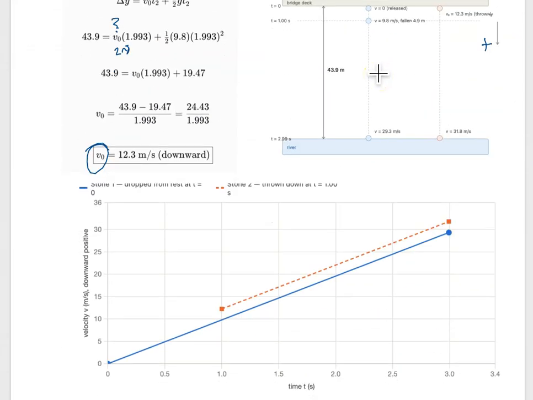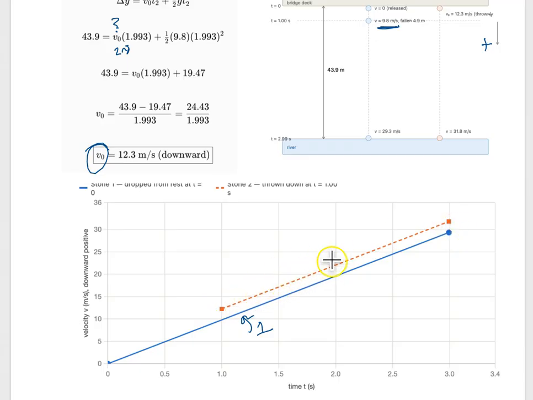If we do that, you'll notice that when the second stone is released at 1 second, the first stone is already going 9.8. So if we go to 1 second and we plot the first stone, the blue is stone 1, and notice that it's going 9.8 at that time. So really our slope here is just 9.8 meters per second per second.